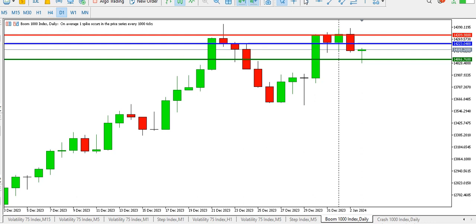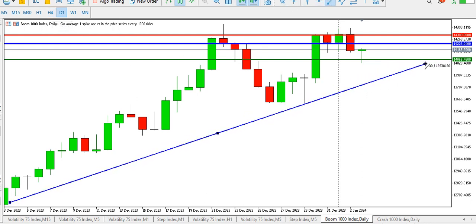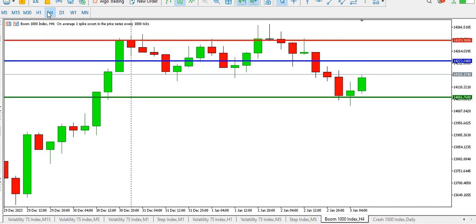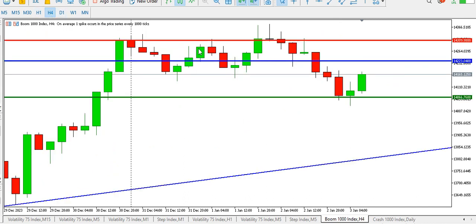So you might still look at buying Boom 1000 index. On the 4-hour time frame, the price of Boom 1000 index is ranging, and the break of this range to this low here, price is forming a morning star pattern, and price will likely go back to the top.